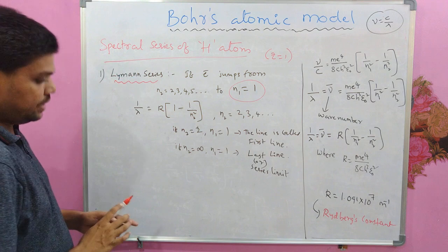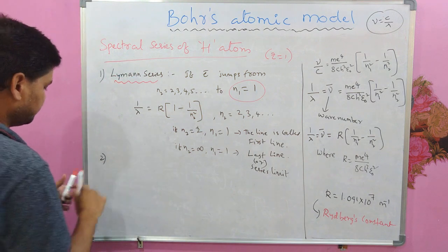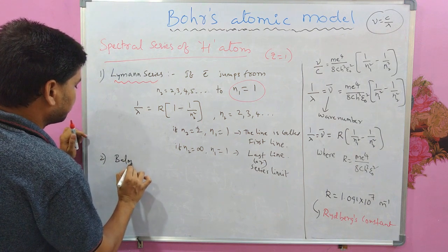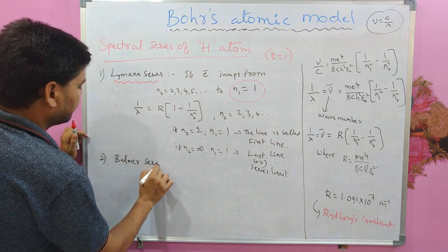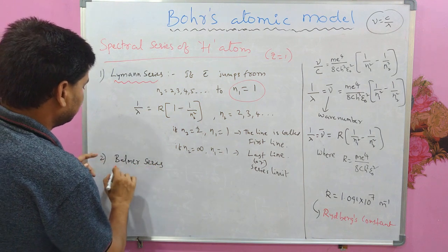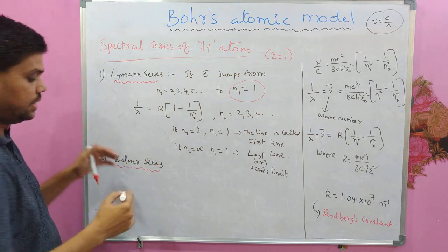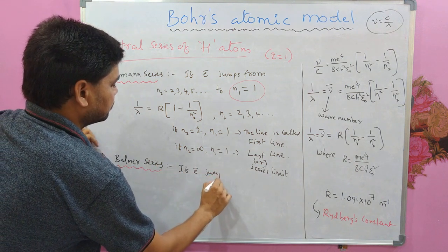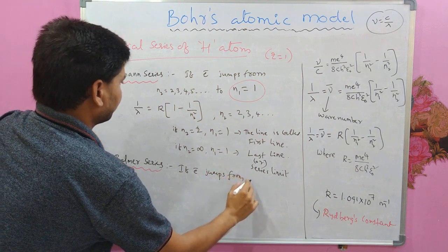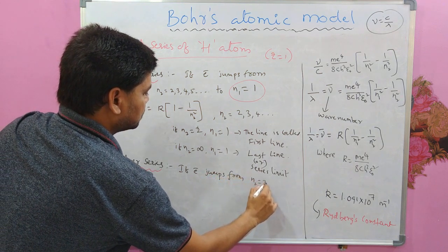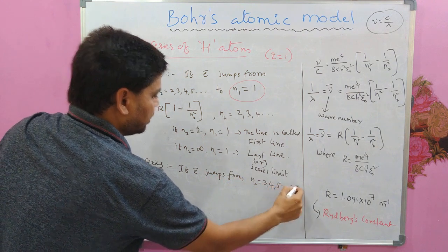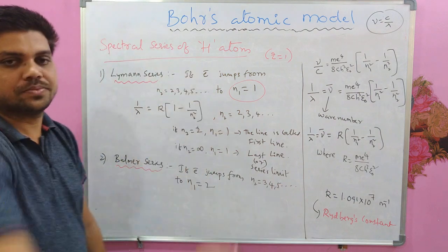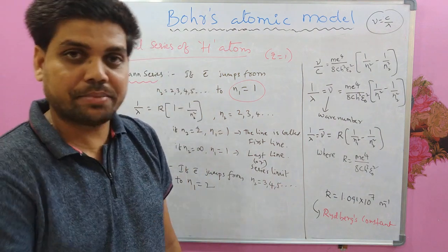Okay? And the second one is Balmer series. What happens here? If electron jumps from N2 equal to 3, 4, 5, and so on, to N1 equal to 2, the second orbit.